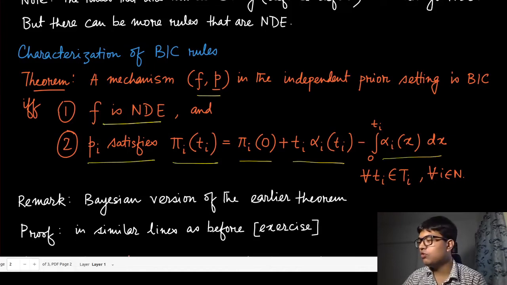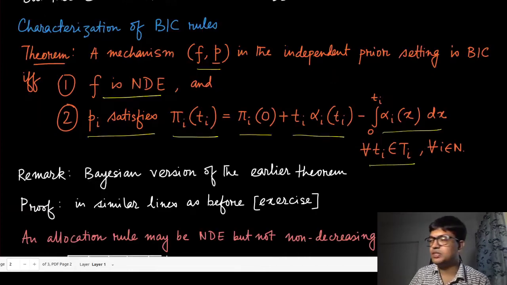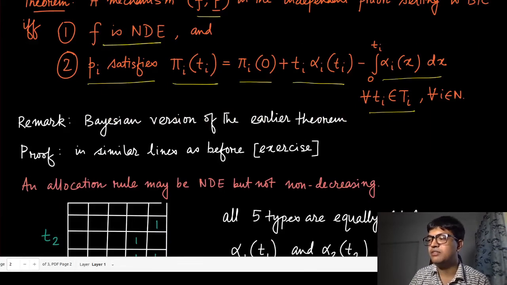And this should hold for all Ti in capital Ti. As you can see, this is a Bayesian version of the earlier theorem, but the proof can follow along very similar lines, so we will not get into that proof. You can use the ideas of the same proof, just taking the expectation at appropriate places and redoing the proof. I leave that as an exercise.